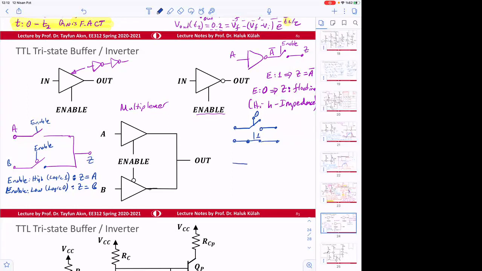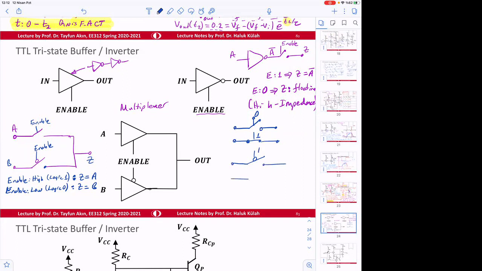And if we have a bubble, then when this is 1, this will be open.